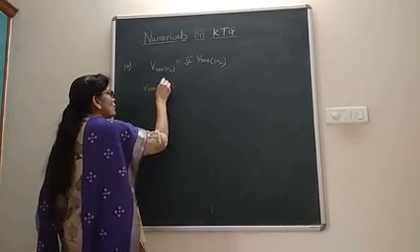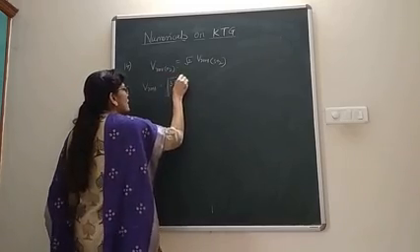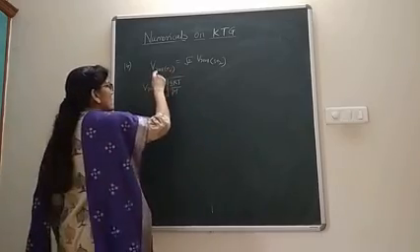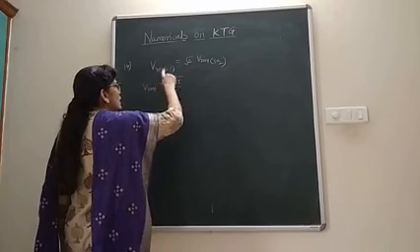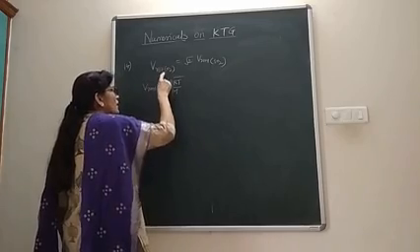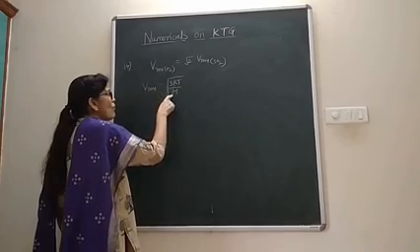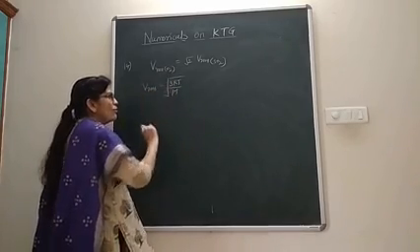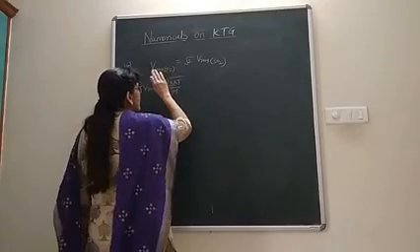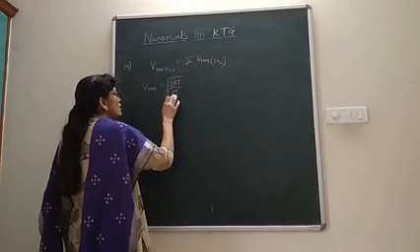For that you should know the formula for VRMS, which we have learned: square root of 3RT upon M. What is different between oxygen and sulfur dioxide? Their molecular weight is different, so we write VRMS as under root 3RT upon M. Here T and R are constant for oxygen and sulfur dioxide. The only difference is in M.